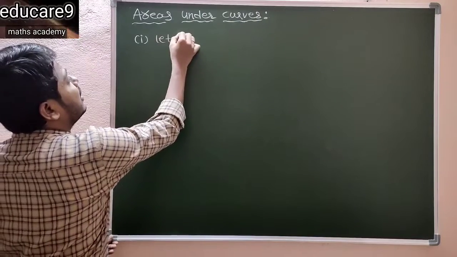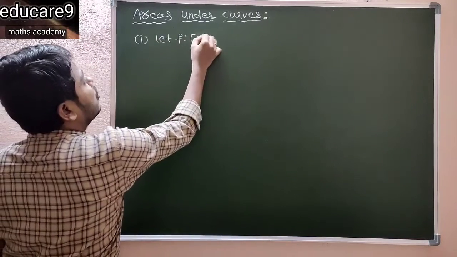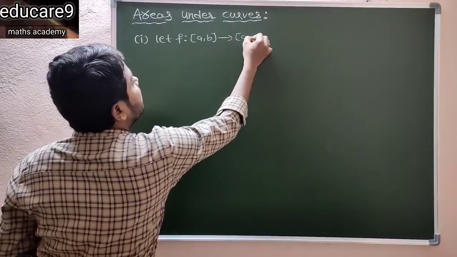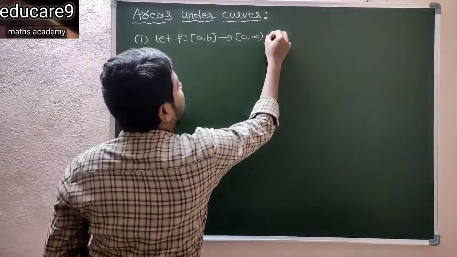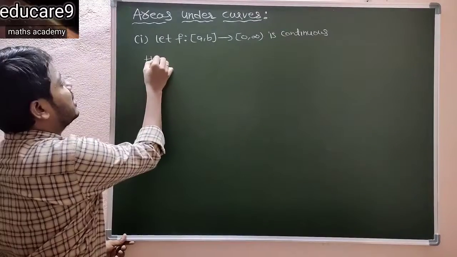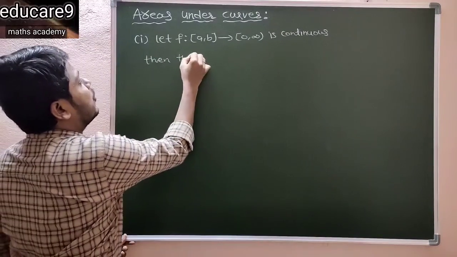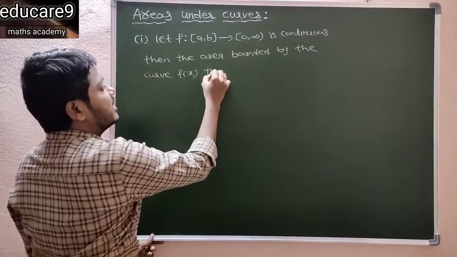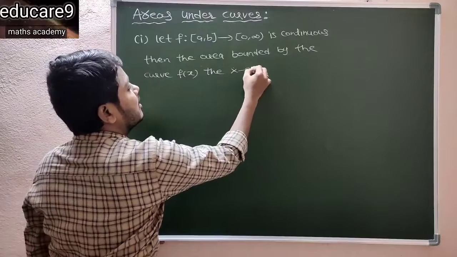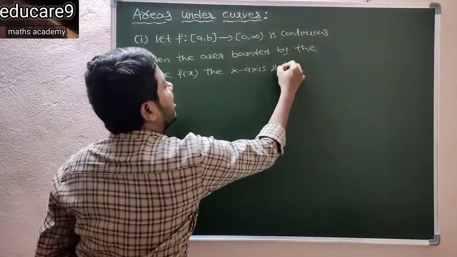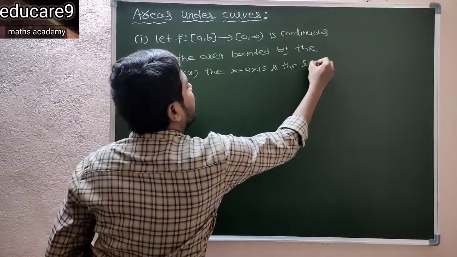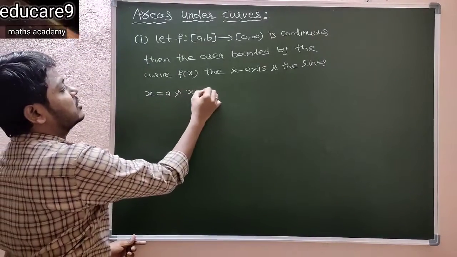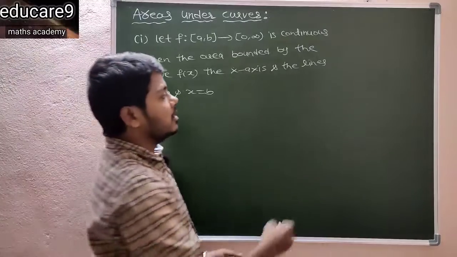See the first one. Let f from the closed interval a comma b to 0 to infinity be continuous. Then the area bounded by the curve f of x, the x-axis and the lines x equals a and x equals b.